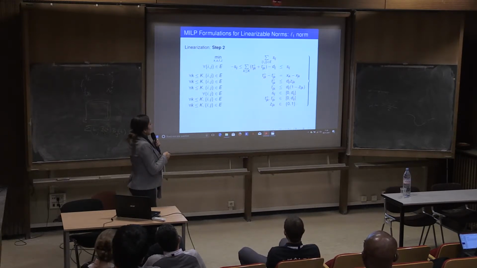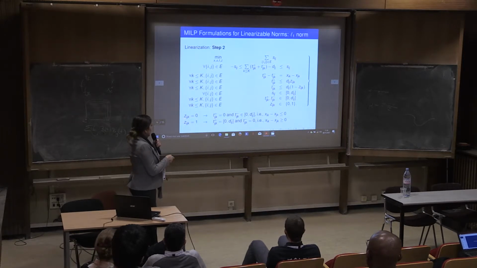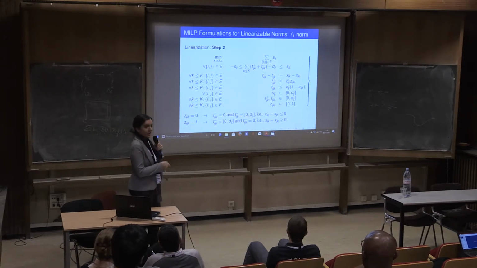We can write this like this, plus we need some binary variables that model two cases. The case in which the binary variable zijk is equal to 0 implies that t plus is equal to 0, but t minus can be between 0 and dij.